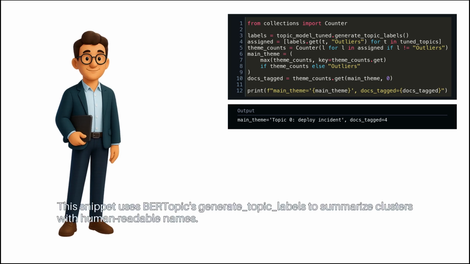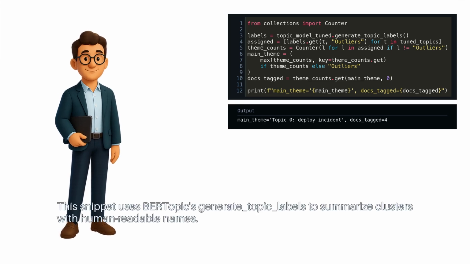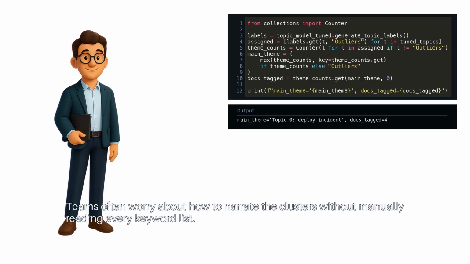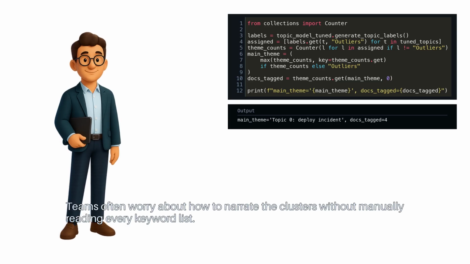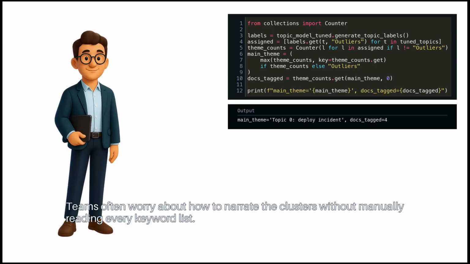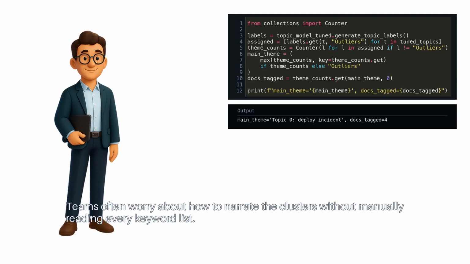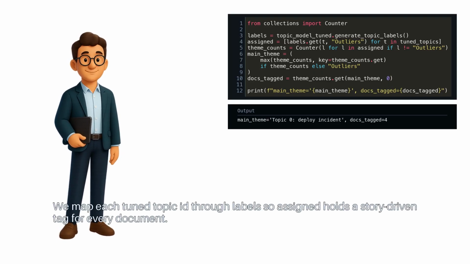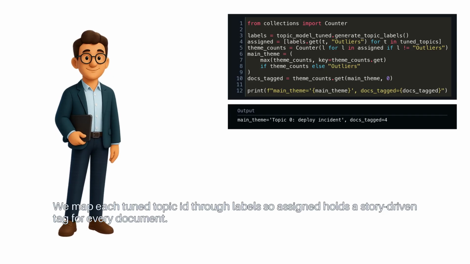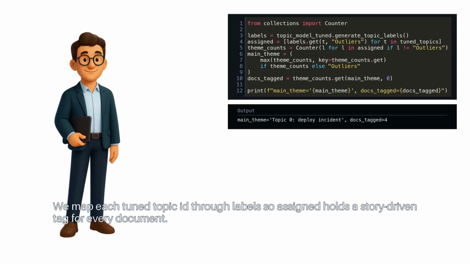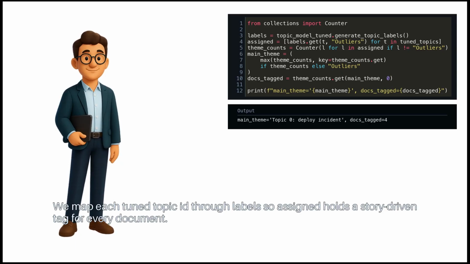This snippet uses BERTopic's generate topic labels to summarize clusters with human-readable names. Teams often worry about how to narrate the clusters without manually reading every keyword list. We map each tuned topic ID through labels so assigned holds a story-driven tag for every document.